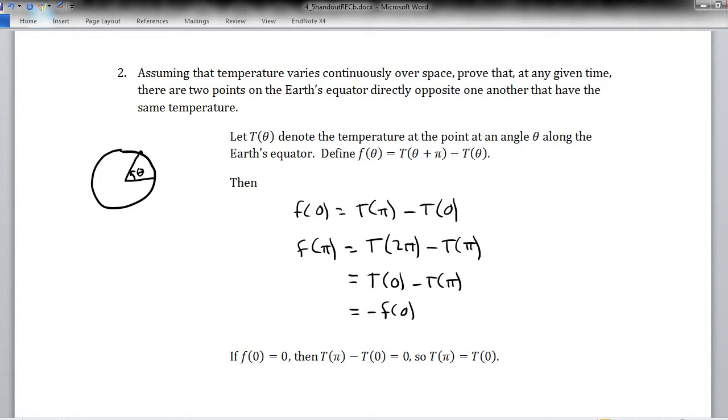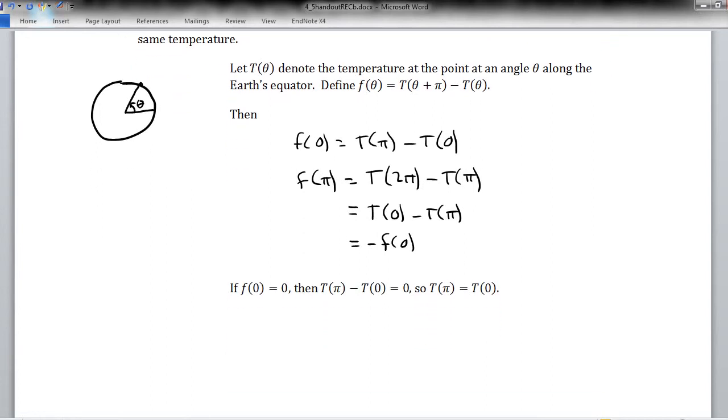So now let's consider the case where f of 0 is not equal to 0. Well then, since f of 0 and f of pi do in that case have opposite signs, we can apply the intermediate value theorem, right?